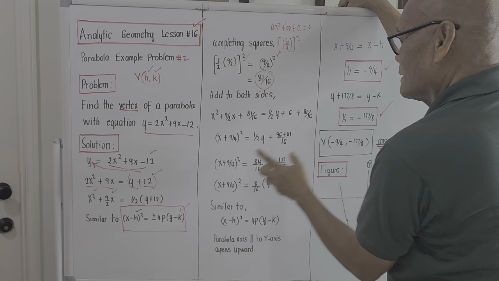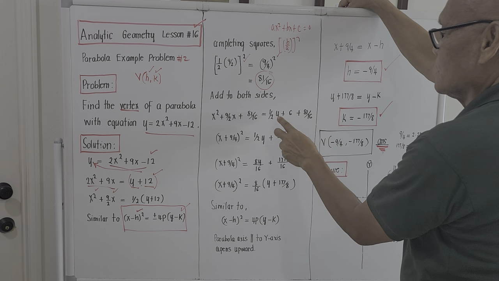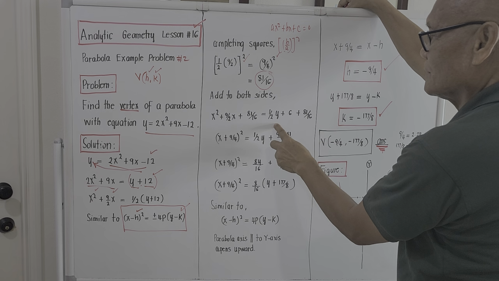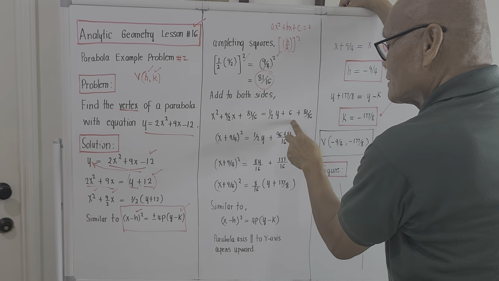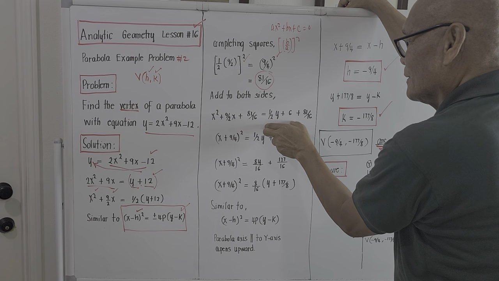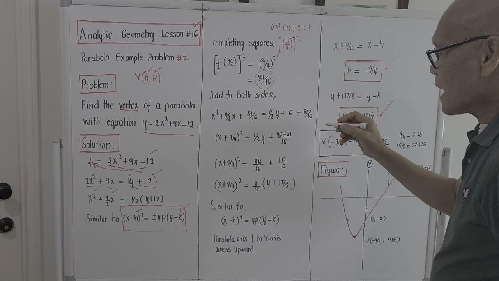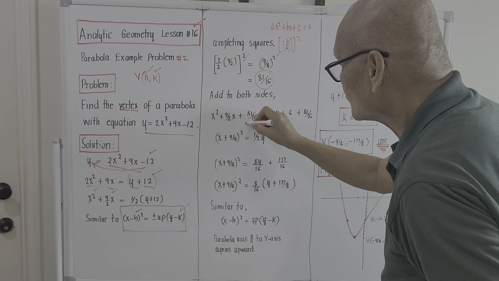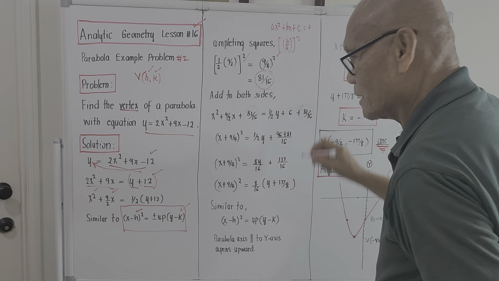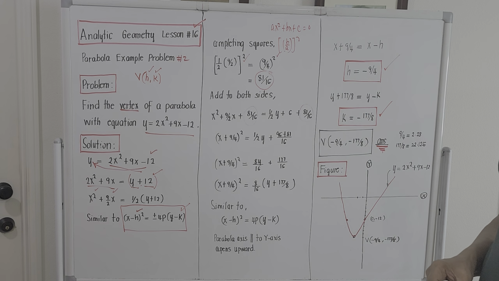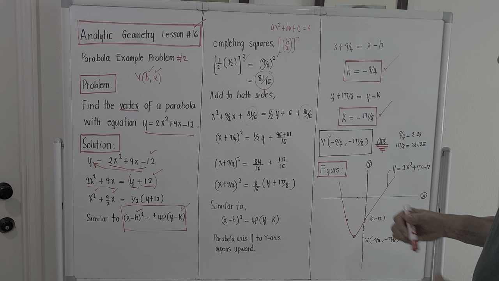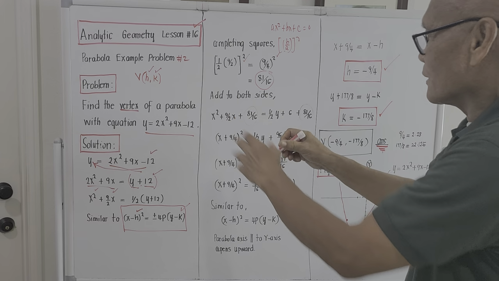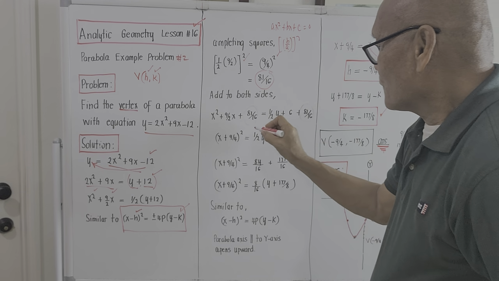For the right hand side, I expanded now because this will now become 1/2 y, and 12/2 is actually 6. I separated it, plus 81/16, because actually we add 81/16 to both sides. That's a part of algebra. If you add something on the left, you add something also to the right to balance the equation. And after adding 81/16 to the one on the left, like what I said, this is now a perfect binomial.